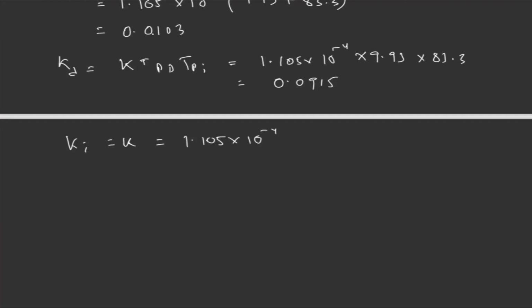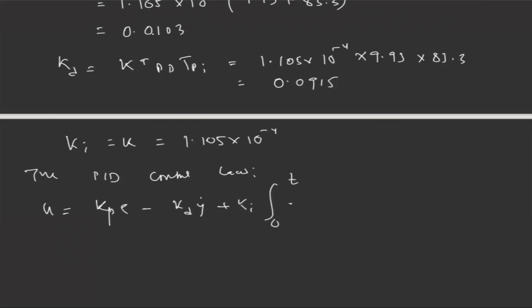And now we have all the parameters for the PID controller, the controller gains. Now we can form the PID controller control law. We can write U equal to K_P e plus K_D y dot plus K_I integral from 0 to t of e(tau) d tau.